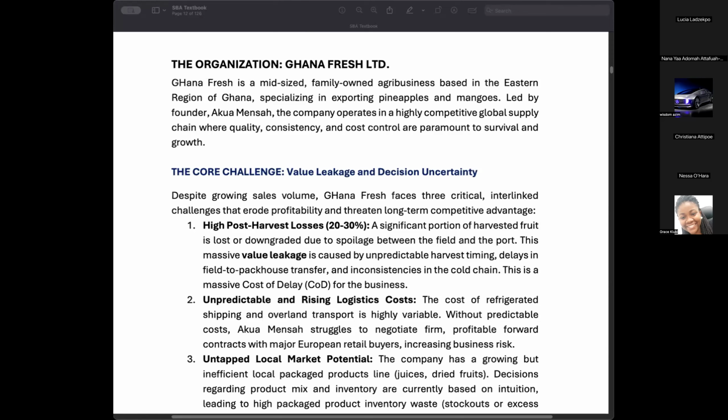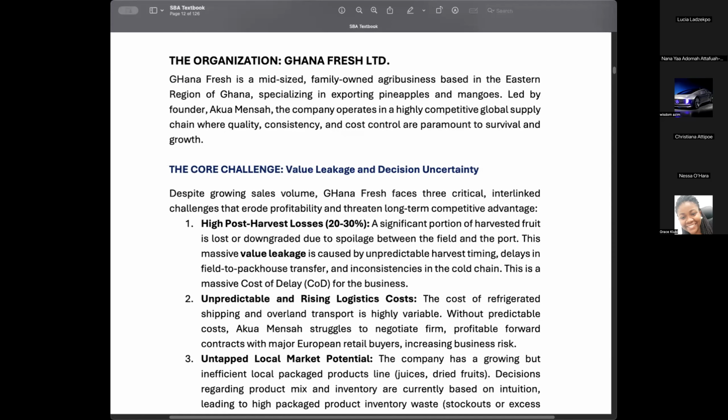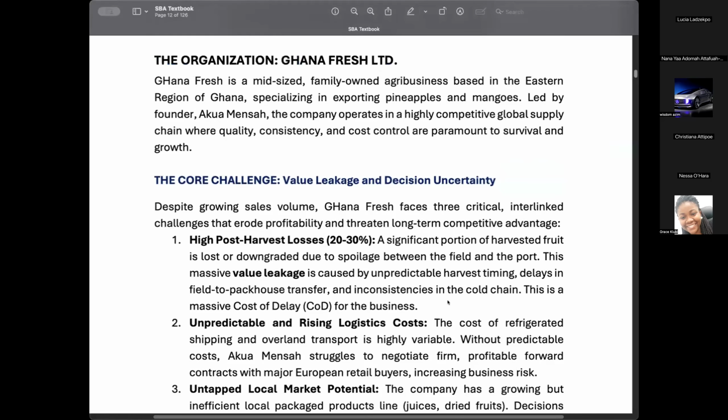The organization, Ghana Fresh Limited. Ghana Fresh is a mid-sized family-owned agribusiness based in the eastern region of Ghana, specializing in exporting pineapples and mangoes. Led by the founder, Ekia Mensah, the company operates in a highly competitive global supply chain where quality, consistency, and cost control are paramount to survival and growth.